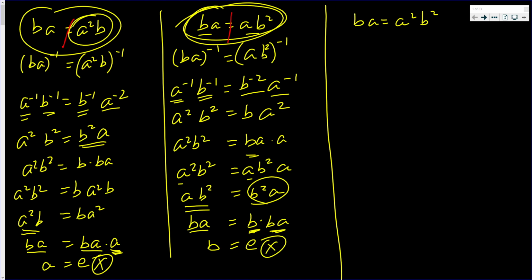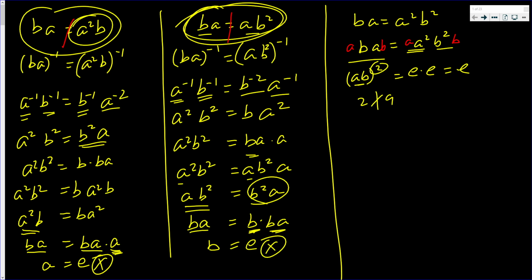Okay. In this equation, on both sides, I'm going to multiply on the left by A and the right by B. A, B. This becomes AB squared. And this is E times E, which of course is E. But the order of AB can't be 2 because 2 doesn't divide 9.